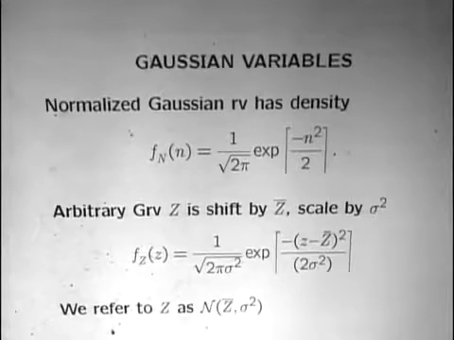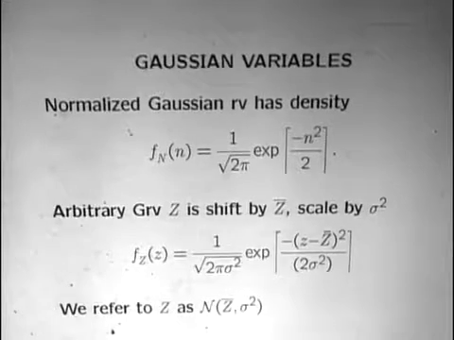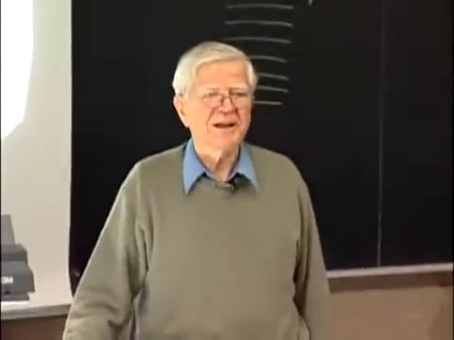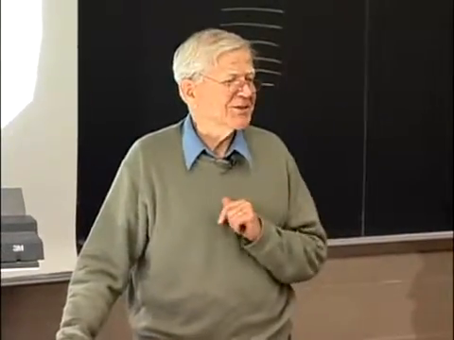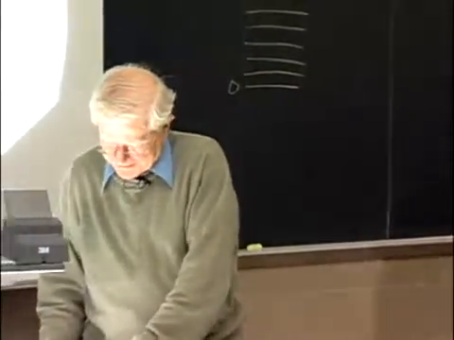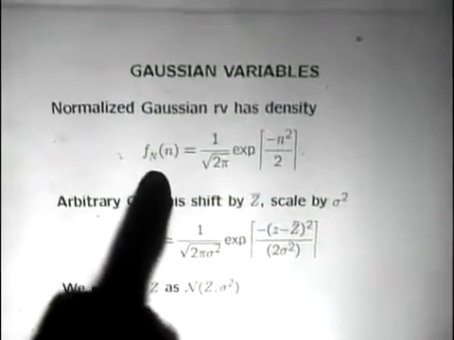How many of you could prove that the variance of this is 1? Well, in a while you'll all be able to prove it because there are easy ways of doing it, other than looking at a table of integrals, which will do it. But okay. An arbitrary Gaussian random variable is just where you take this normal variable.